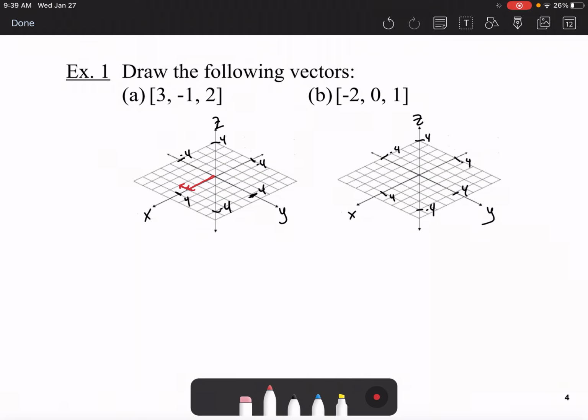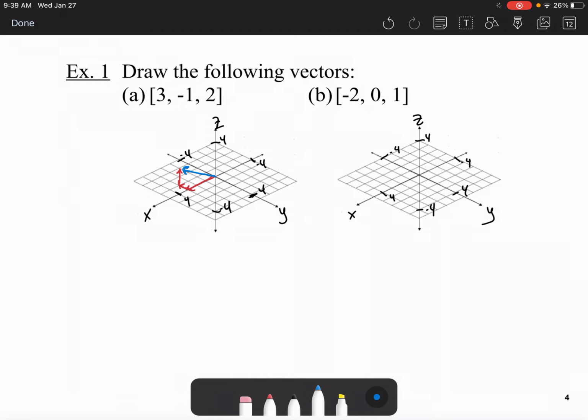And then you're going to draw the vector 0, 0, 2 coming out from the vector that you just drew. Once you have that, grab your ruler and draw your result. And there's our resultant vector 3, negative 1, and 2.